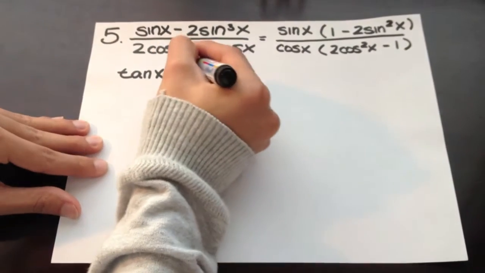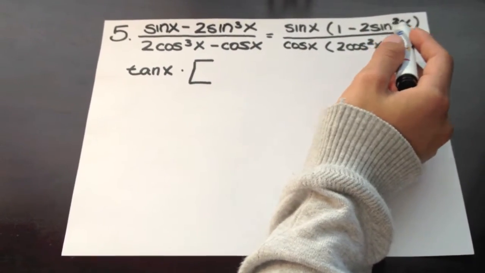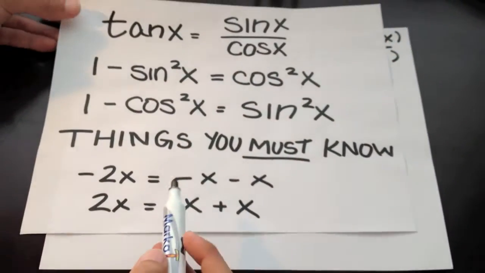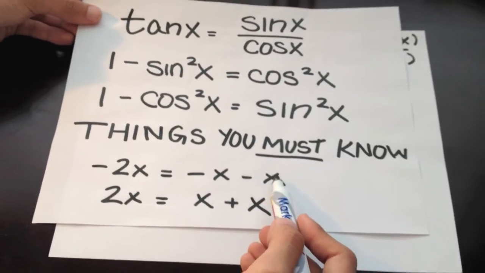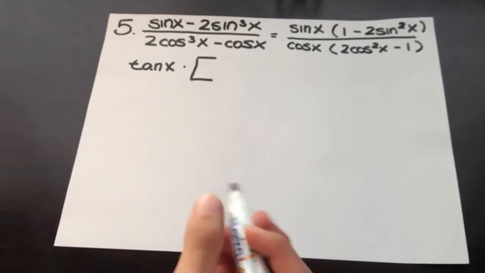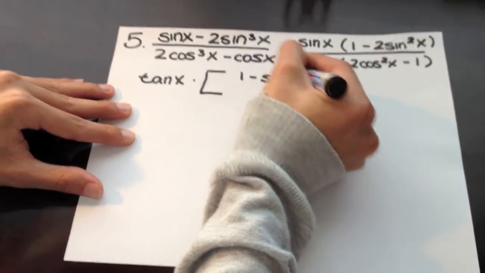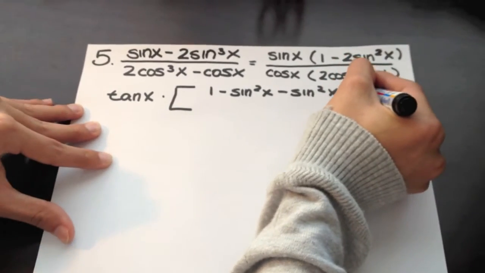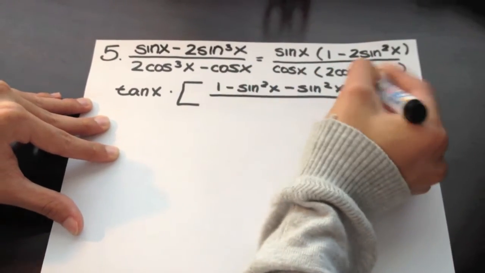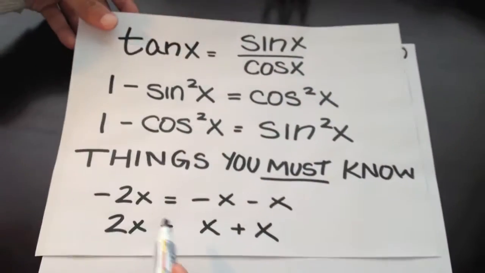of x times, I'm going to put brackets here, negative 2 sine squared of x can also be written as negative sine squared of x minus sine squared of x. So this is actually 1 minus sine squared of x minus sine squared of x over 2 cos squared of x, which can also be written as cos squared of x plus cos squared of x.